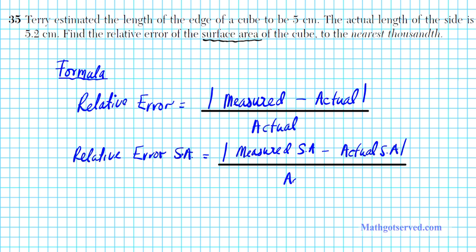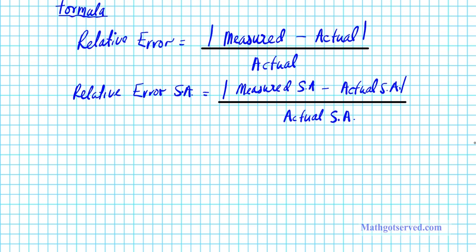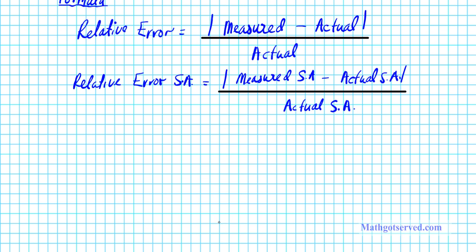So what I'm doing right now is basically applying this general formula up here to this particular situation, which is the surface area. Okay, so what is the surface area of a cube? Let's go ahead and determine that formula also.